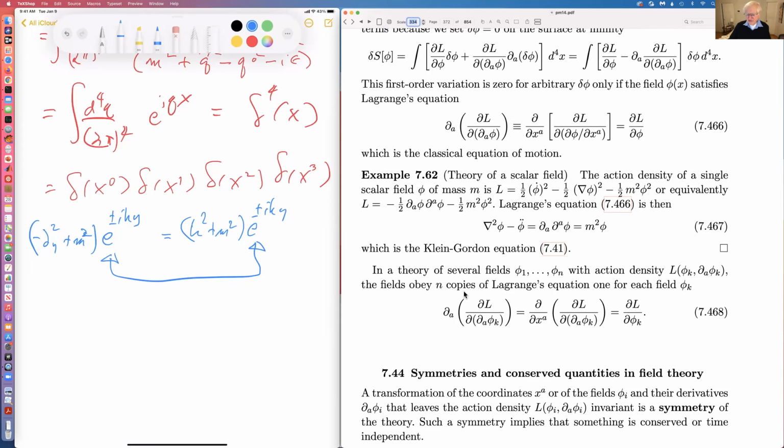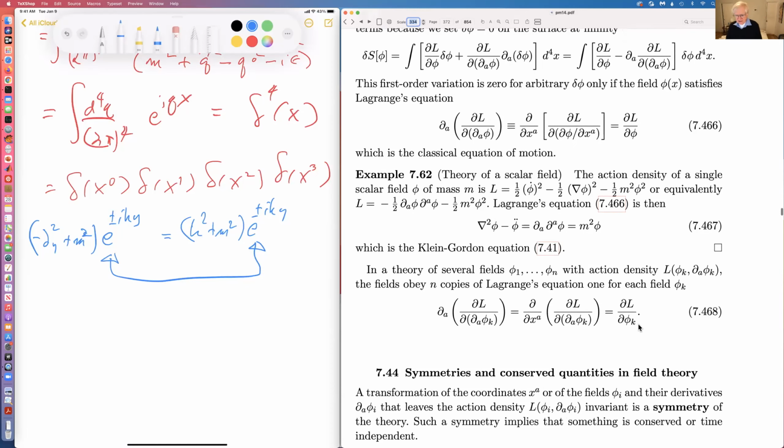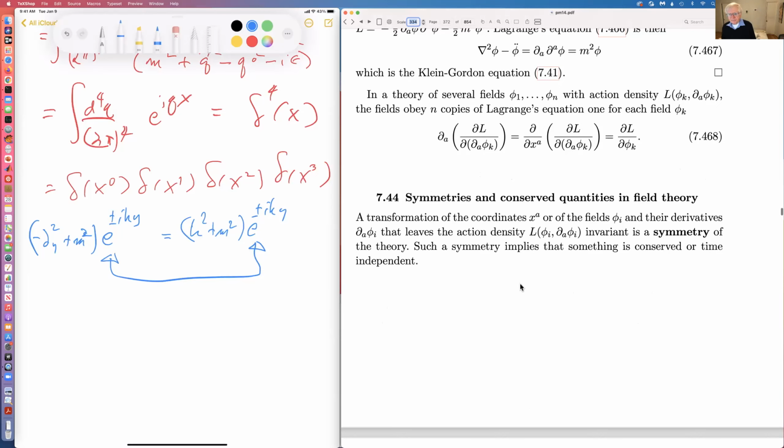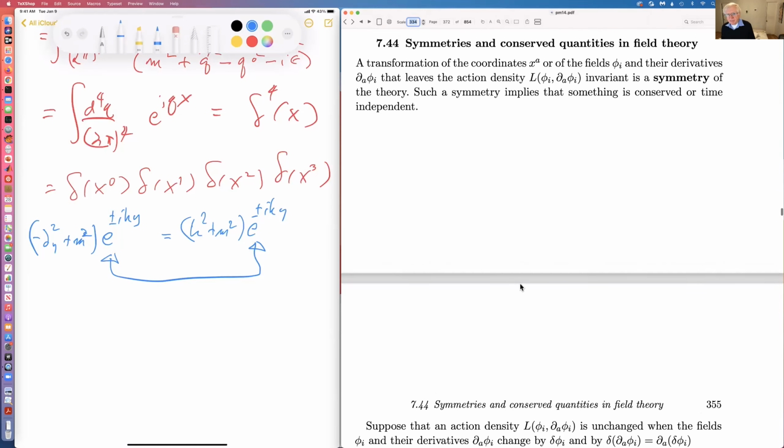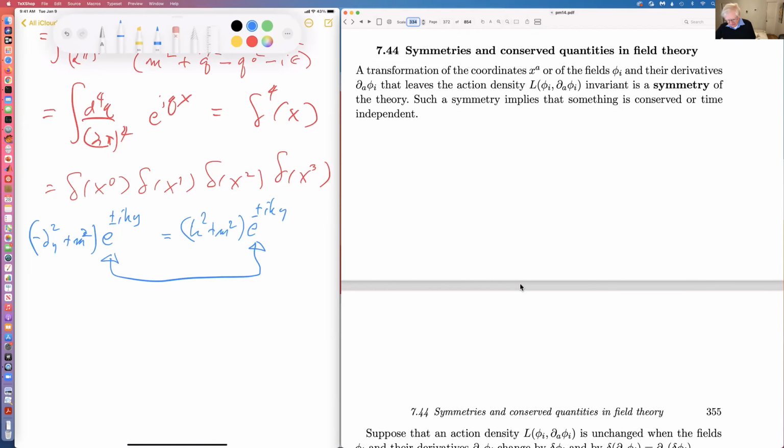If you have several fields, you have several Lagrange equations, and it looks like this. So K is just an index of which field it is. Now, one of the things that people have been interested in a lot for the last 100 years or so is the connection between symmetries and conserved quantities.